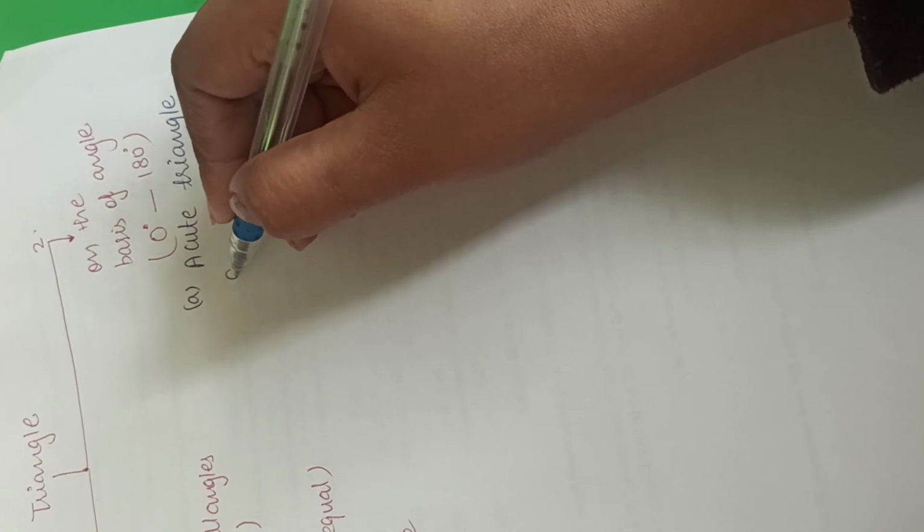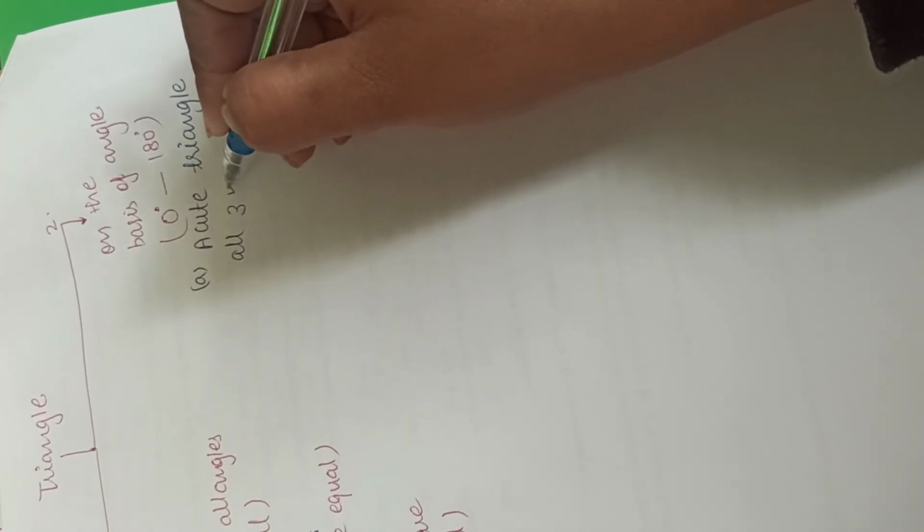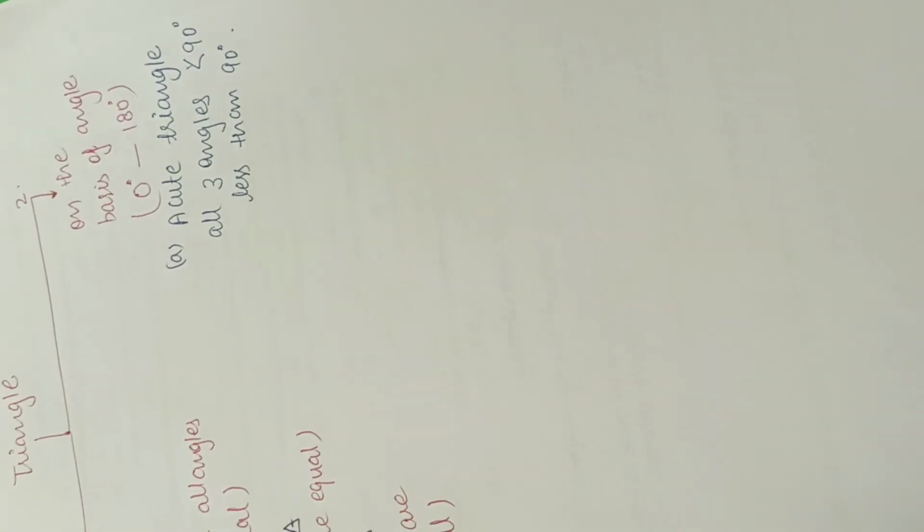So you will go with a triangle in which all three angles are less than 90 degree. Less than 90 degree is called acute angle. All three angles are less than 90 degree. Clear?